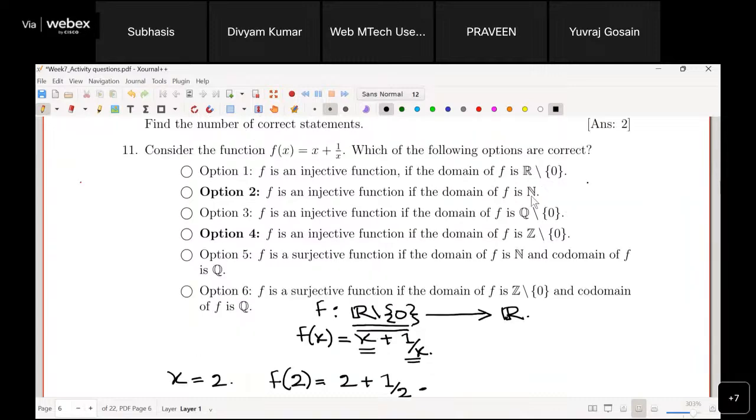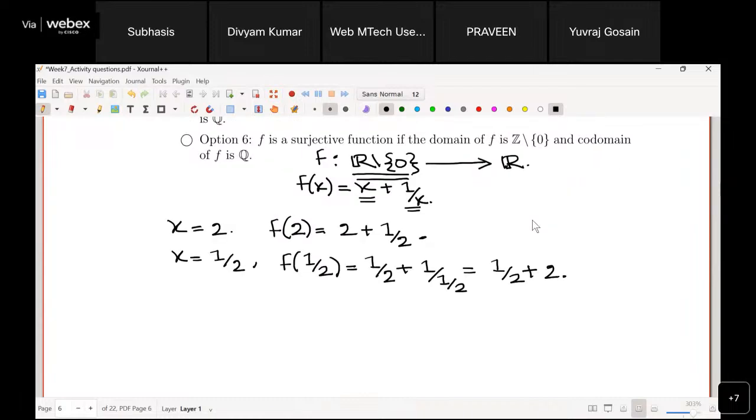So when I'm taking x equal to 2, I'm getting 2 plus 1 by 2, and when I'm taking x equal to half, I'm getting 2 plus 1 by 2 as well, right? So 2 is not equal to 1 by 2, but the images of both the elements are the same.